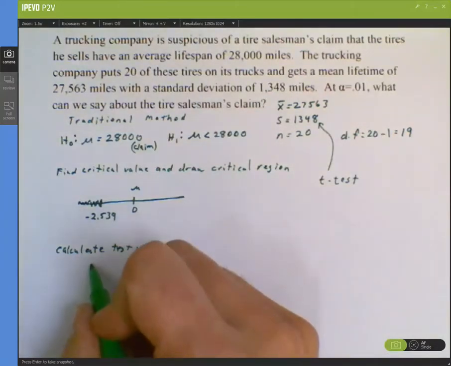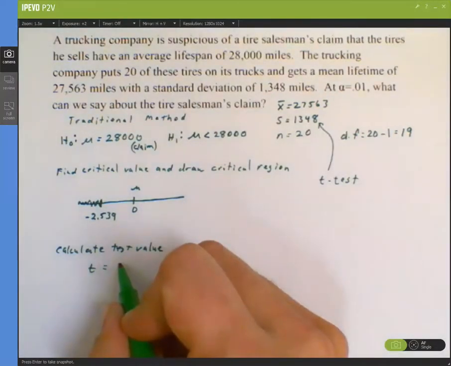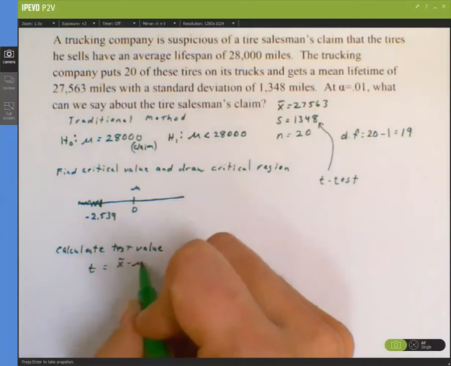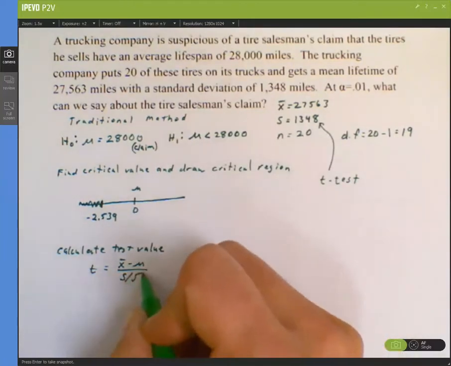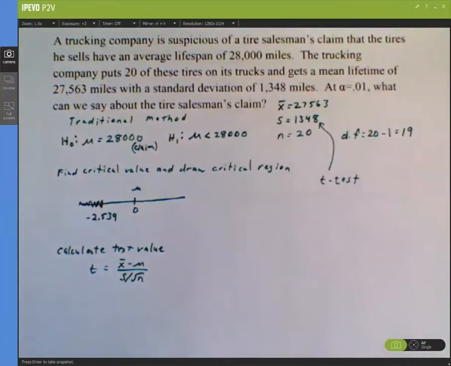Okay, you need your formula for that. t equals X bar minus mu divided by s, remember it's the sample standard deviation, divided by the square root of n. Not degrees of freedom, but the sample size.